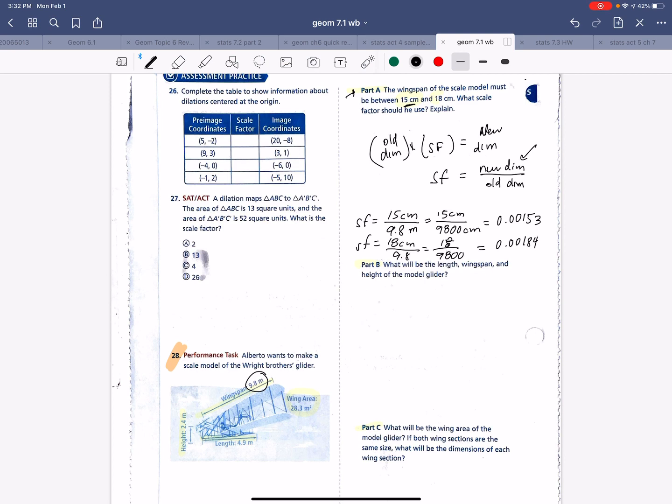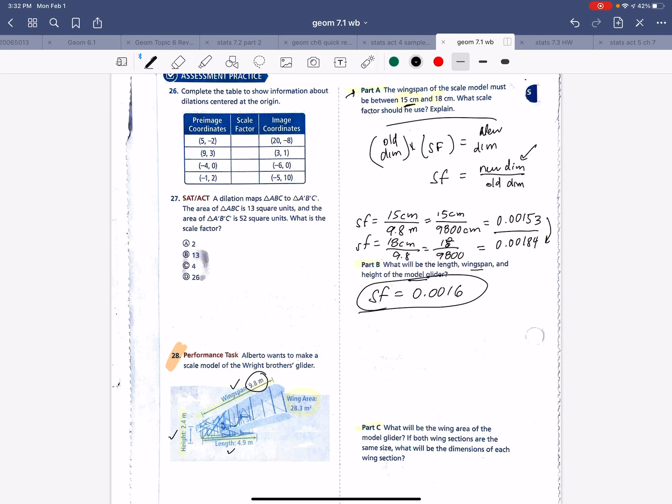Okay. What will be the length, wingspan, and height of the model? So I'm going to pick a round number between these two. I'm just going to pick my scale factor as 0.0016. That's my scale factor. What will be the length, the wingspan, and the height of the model? Okay.